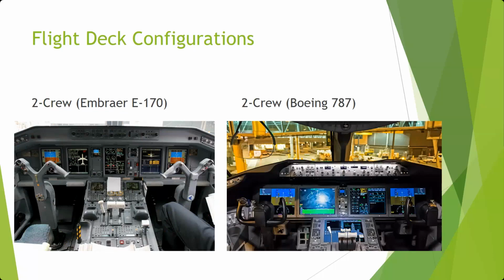This also has, anyone know what this little thing is hanging down here, top left corner? Who said HUD? What's HUD stand for? Heads up display. That plate swings down in front of the pilot, and there's probably one on the co-pilot side as well. It's a customer option, how many you have. It projects essentially this display down here right in front of the crew, overlaying a digital runway or a digital flight path in front of the pilots.